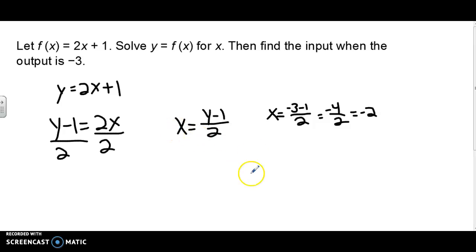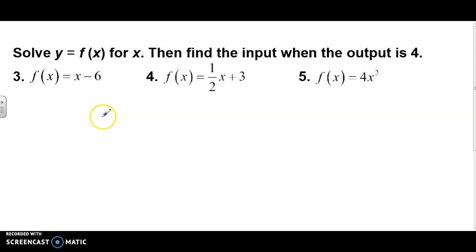Alright, so if you got that down, once you try these three out, it's the same exact idea. You're just solving for x, and then you're finding the input when the output is 4. So pause the screen, and when you're ready, press play and you'll see the answers come up.